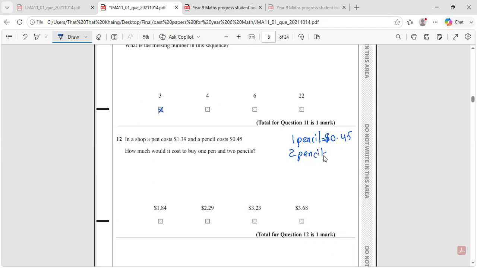It will cost more, so we need to multiply by 2: $0.90. Two pencils equal $0.90 and one pen is $1.39. You have to add. When we add decimal numbers, we have to align the decimal point. So $2.29, second option.